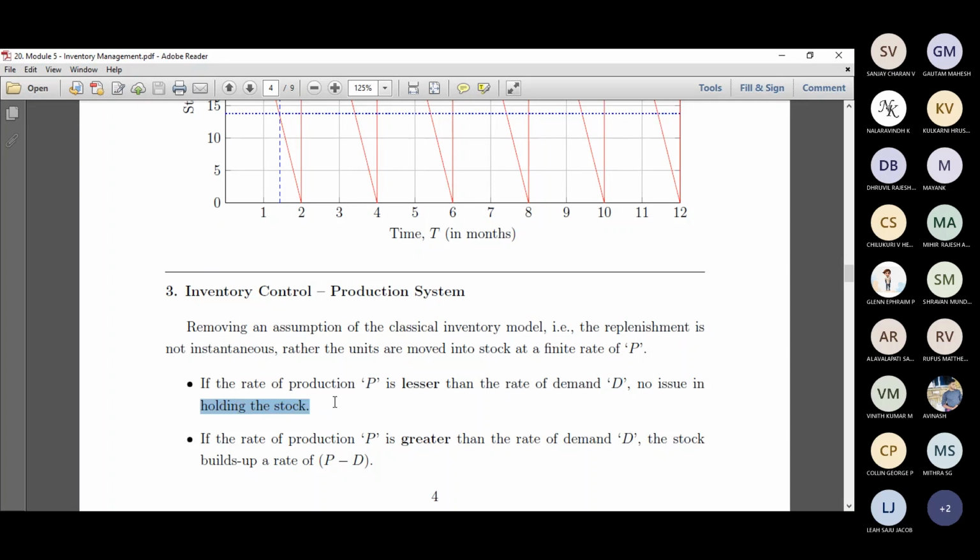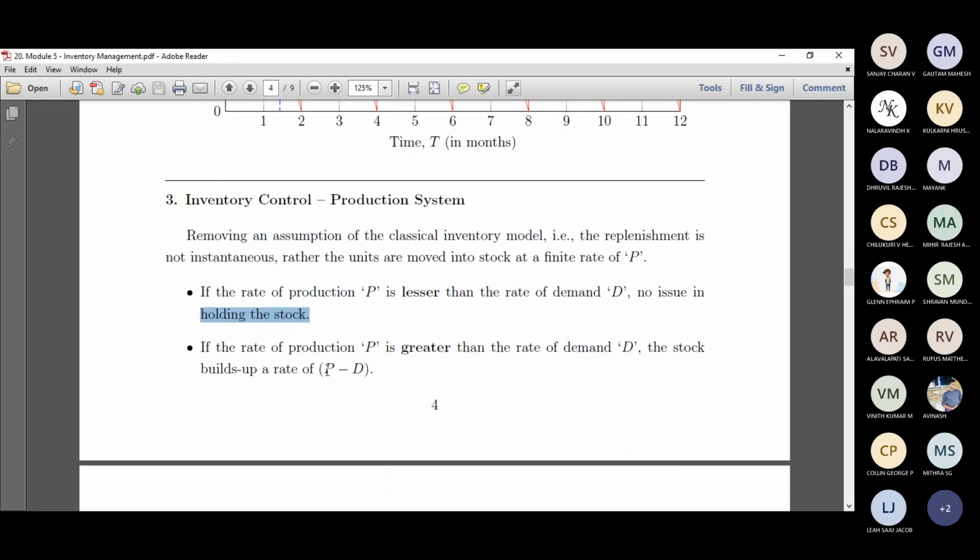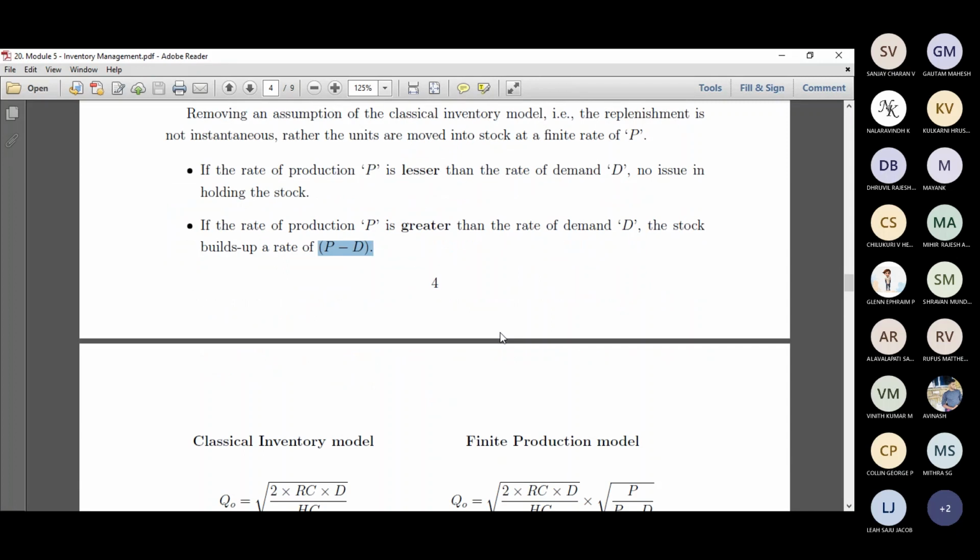You produce less than demanded, so you continuously produce it to satisfy the demand. But if your production is greater than the rate of demand, this means you produce more items than actually needed, then the stock piles up at the rate of P minus D. So a production factor comes into the picture: P divided by P minus D. We'll take a look at that in greater detail.